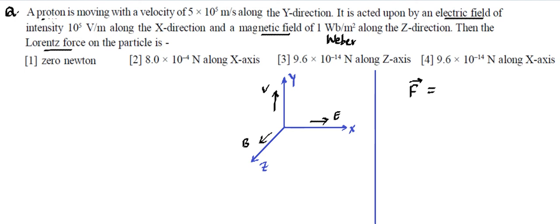The proton has a charge, written by Q. Electrostatic force is Q into E. So whenever the charge is in an electric field, it experiences a force Q into E, in the direction of E if the charge is positive. Plus, magnetic field also applies a force which is Q into V cross B. So this is a complicated force called Lorentz force.